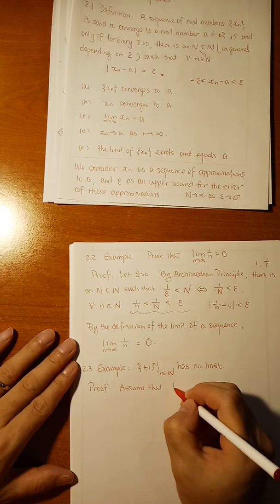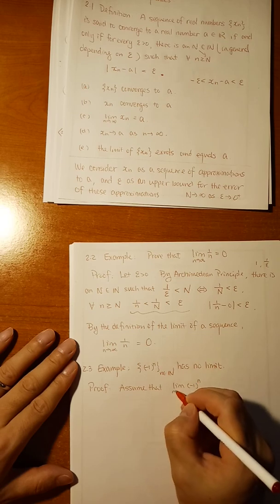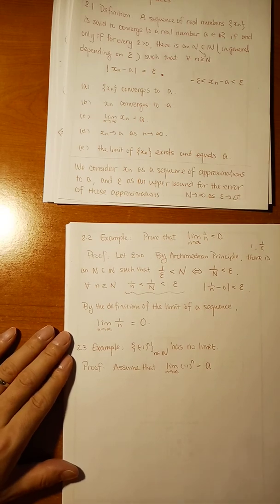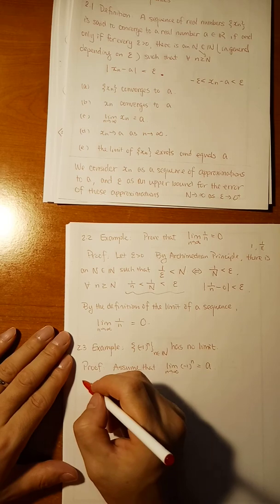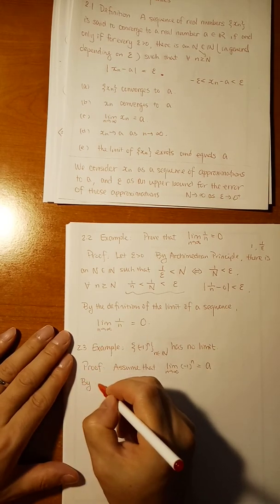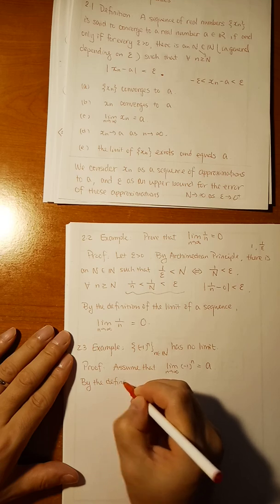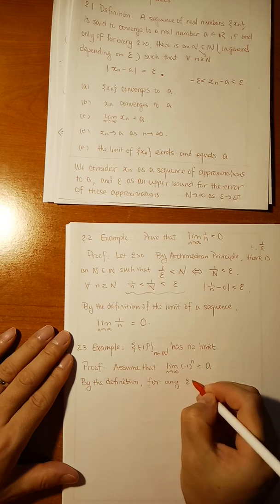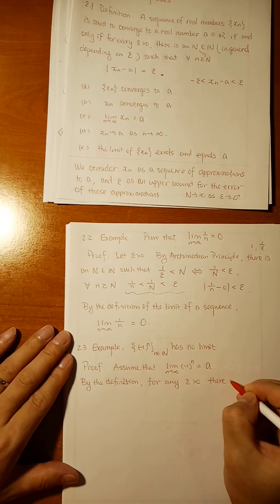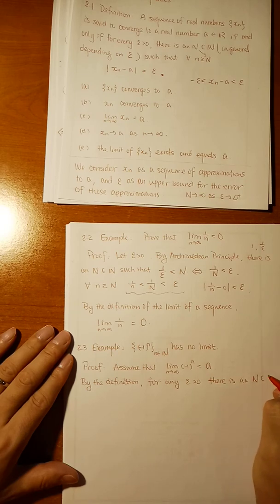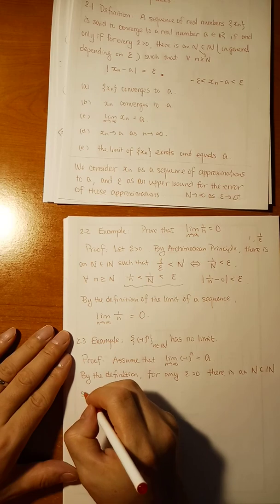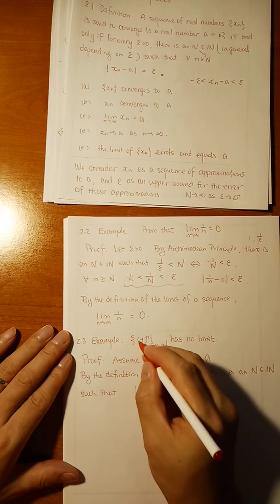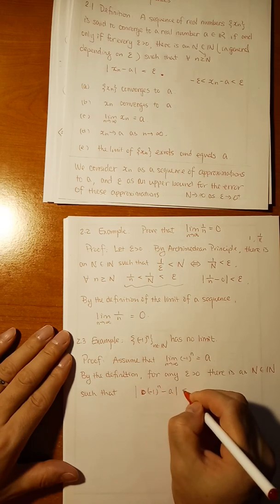Assume that the limit of -1 to the power n as n approaches infinity is equal to some number a. Then by the definition, for any epsilon greater than 0, there is a capital N in the set of natural numbers such that the absolute value of -1 to the nth power minus a is less than epsilon.